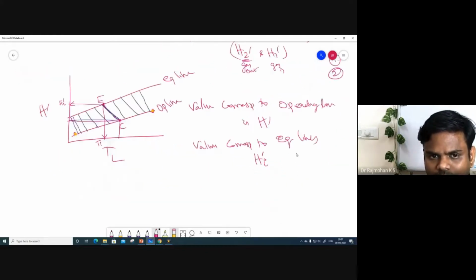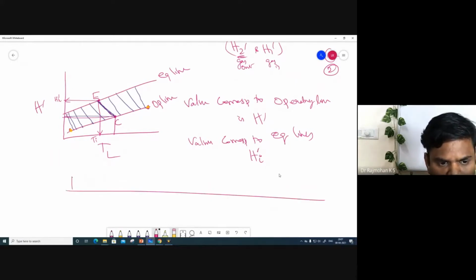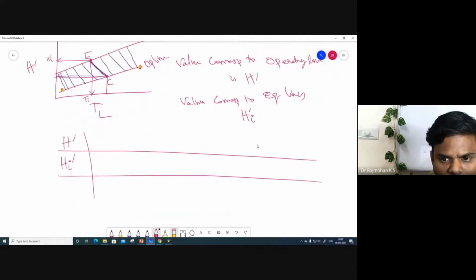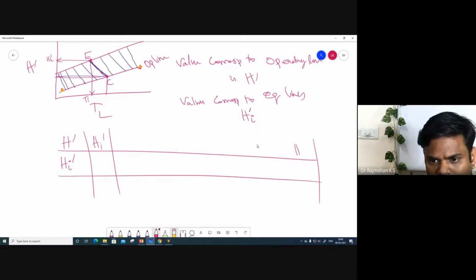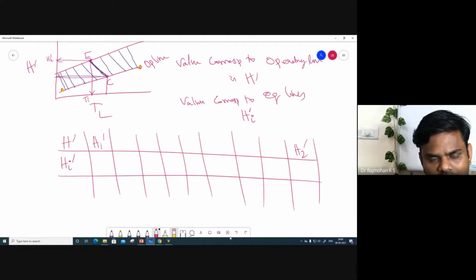Now if you have values like this, we can first mark them. Let me say I have the H dash value and the HI dash value. Between the values of H1 dash and H2 dash, we can randomly choose some 5 to 6 values, or even more depending upon time available.